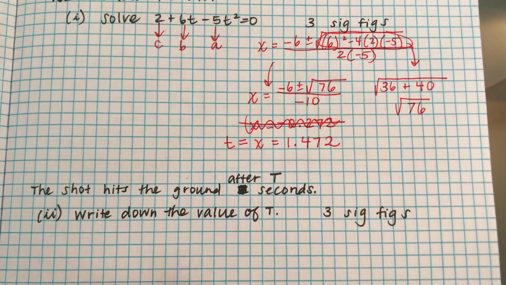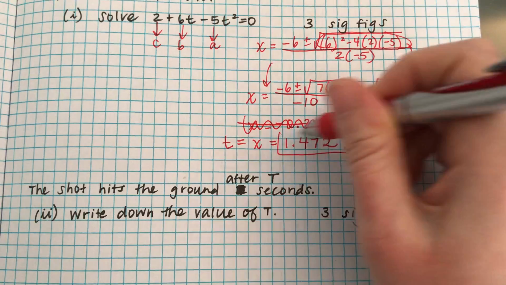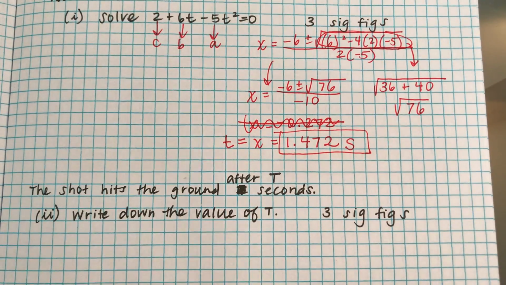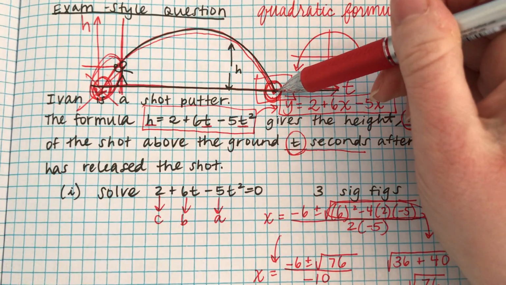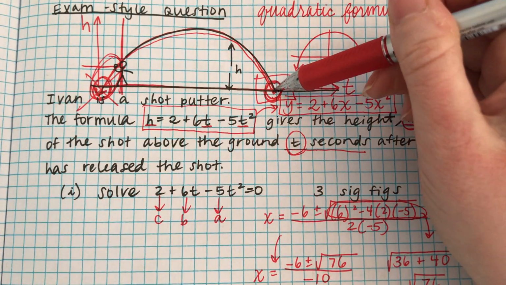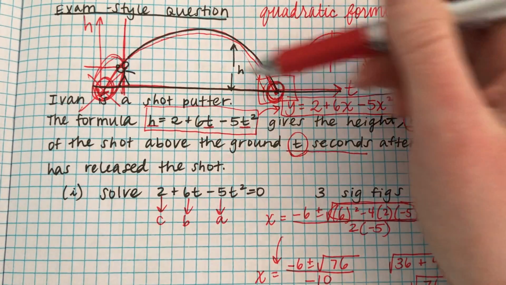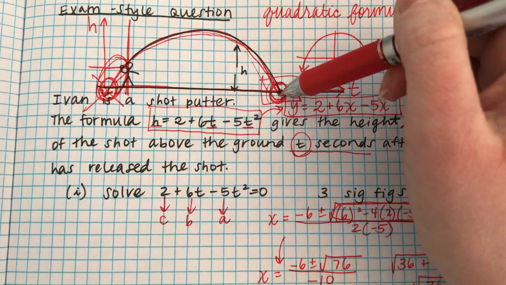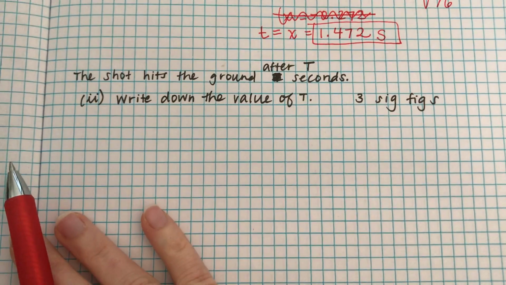So we only have one answer here. And that represents the seconds that it takes for that shot put to hit the ground. That's what we just solved for. In this situation, hopefully you realize we found the time that it takes for the shot put to rise and then fall.